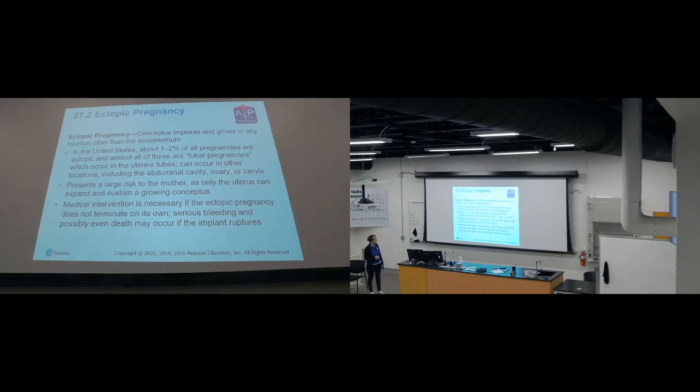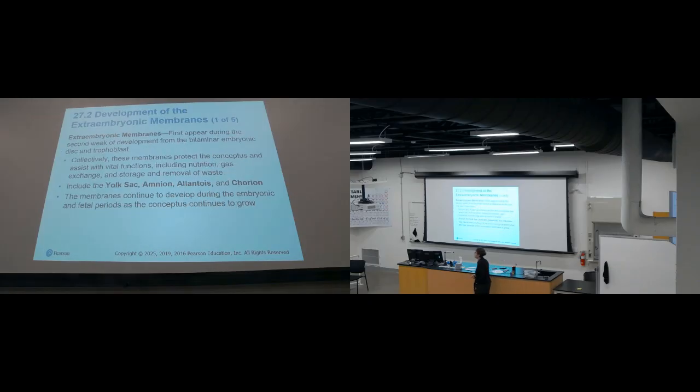Other places where you can have ectopic pregnancy are the abdominal cavity, ovaries, or the cervix. Kind of crazy how it can happen in the ovaries. Imagine a sperm cell jumping to try to find the ovaries. And if you don't have medical intervention, then that can lead to maternal death.